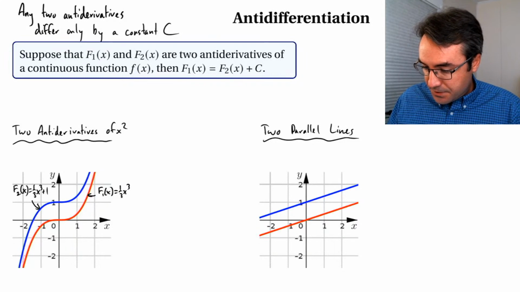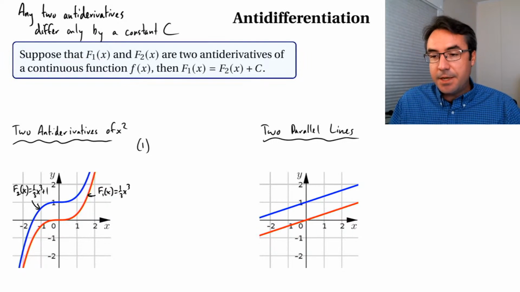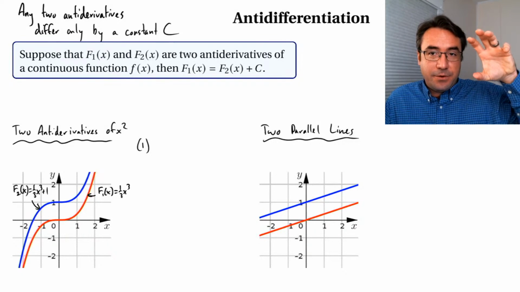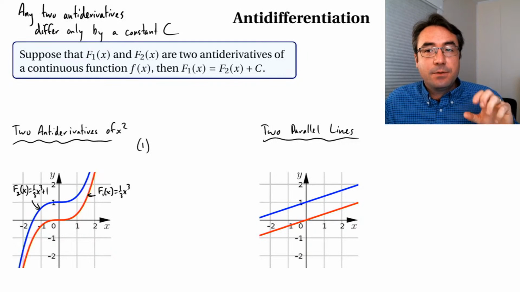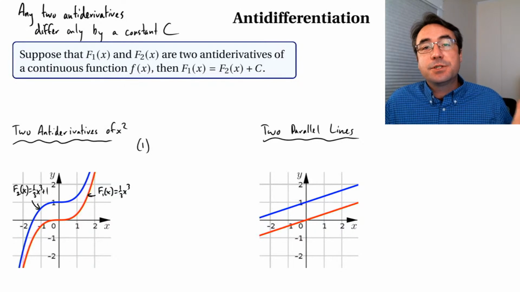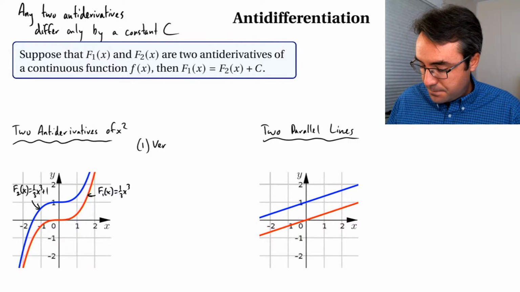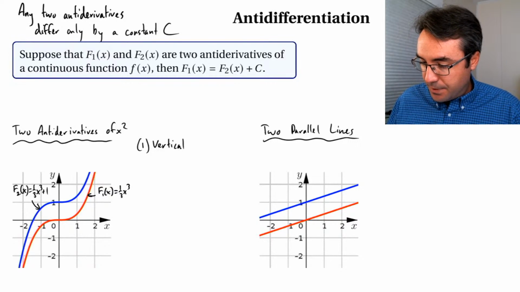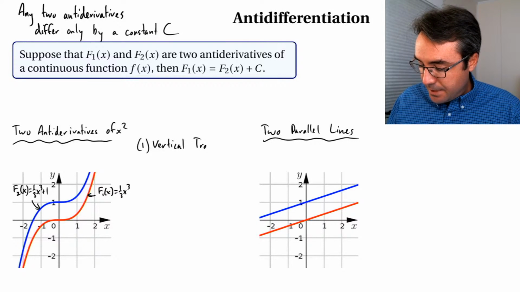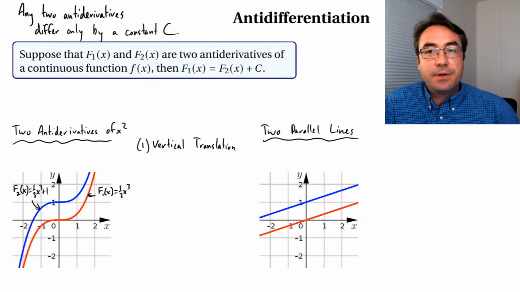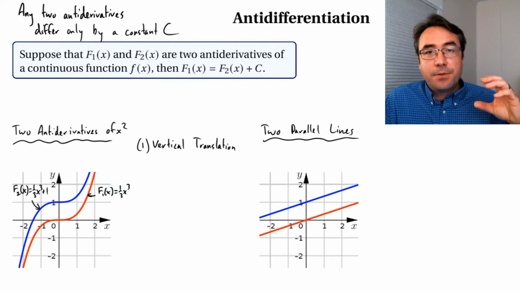The one thing we notice when we look at these two graphs, whether it's the two antiderivatives that we saw or the two parallel lines, is that they're just vertical translations of each other. And this is really what the plus c is doing: it's just moving our graph up or down. So when we have two distinct antiderivatives, they're almost the same, they're just vertical translations of each other.